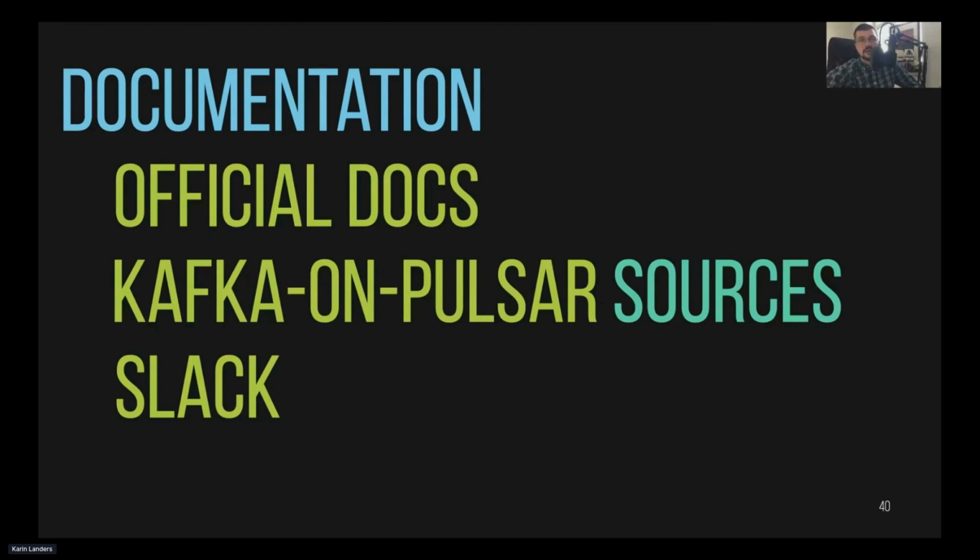Recently, the Apache Pulsar team implemented that kind of connector or interface where you can communicate with Pulsar via the Kafka interface, and that's a really nice source where you can look at how the client could be used, what things you have to remember, and what differences you would have between Kafka and Pulsar.